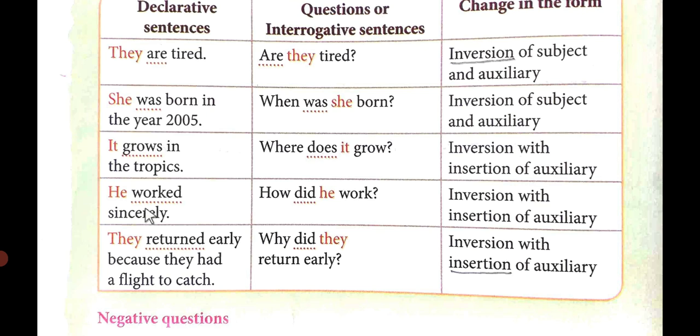So here next example, declarative sentence, it grows in the tropics. So here you can see immediately the WH question, interrogative sentence, where does it grow? Does is a verb and it has been placed before this noun it.